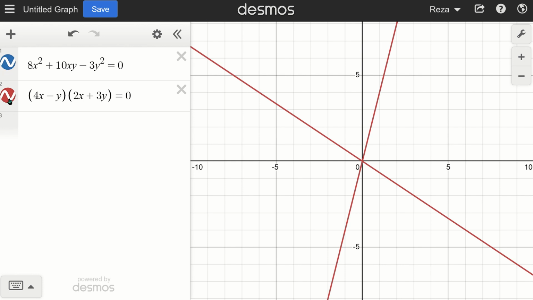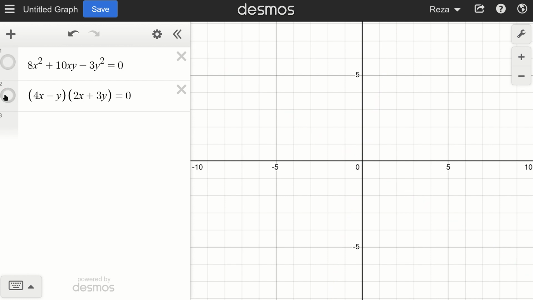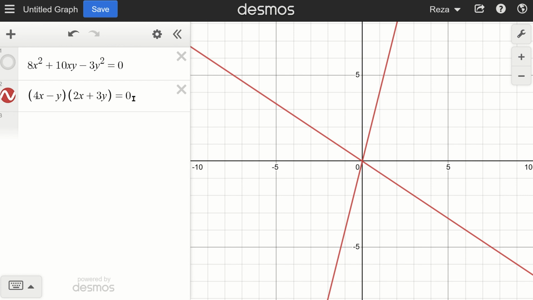Okay, so notice that it's the 0 on the other side of this equation that's turning this into a degenerate hyperbola. If I change that to even a 1 or any number other than 0, I'm going to end up getting a hyperbola. Let me show you.